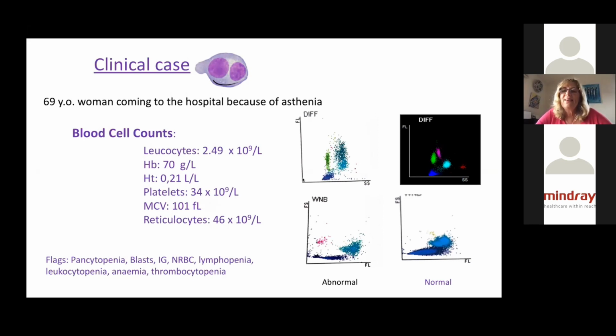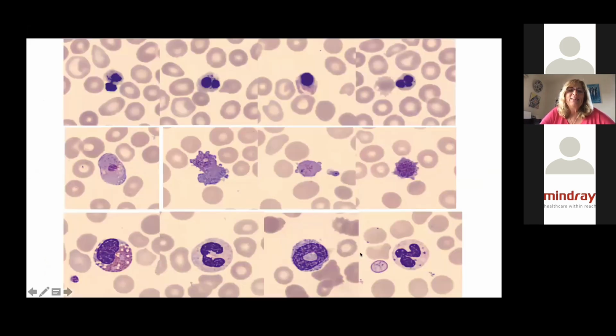You can see the graph is also abnormal, something is wrong here, and here something is happening. These are some images of peripheral blood cells where we can see dysplastic signs in the 3 lines, because we can see here erythroblasts with basophilic inclusions inside.